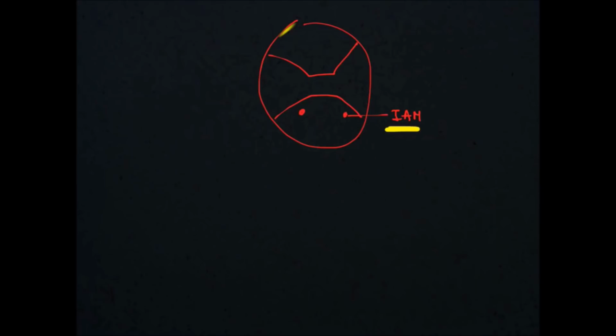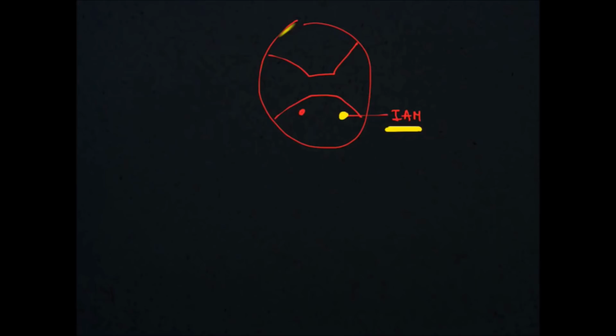The facial nerve originates from the pons, and then it enters the skull region through the internal acoustic meatus. The internal acoustic meatus is present in the posterior slope of the petrous bone. This is the internal acoustic meatus.